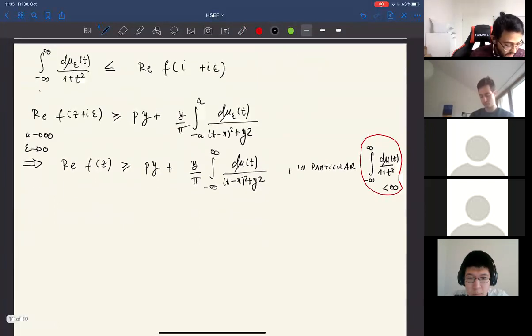So now we can define a function. Define, let's say, h of z equals minus i p z plus the integral from minus infinity to infinity of 1 over pi i, over... where is it?